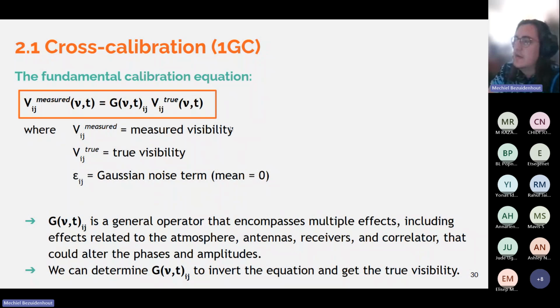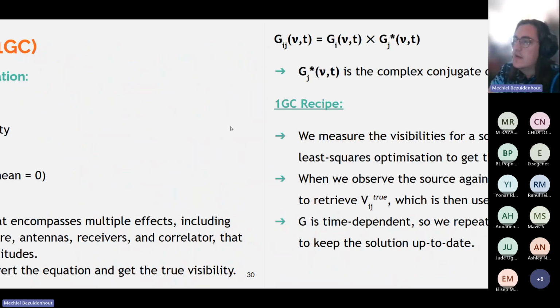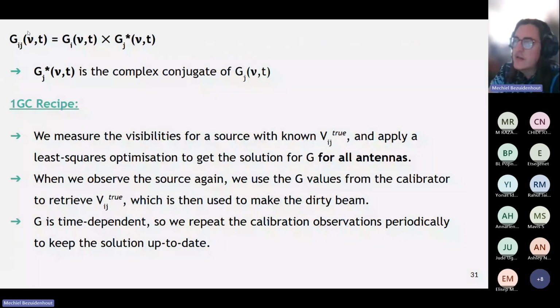So we can decompose this G into the gain solution for antenna element I, which is a function of frequency and time, multiplied by the complex conjugate of the gain solution for antenna J, which is also a function of frequency and time.